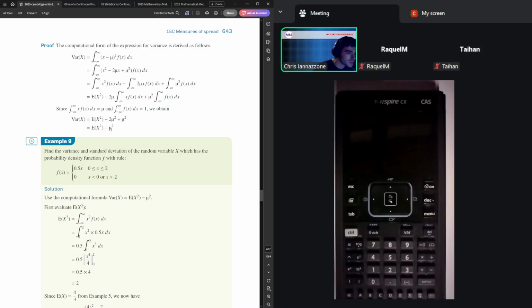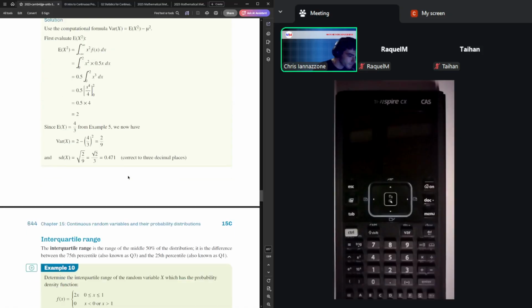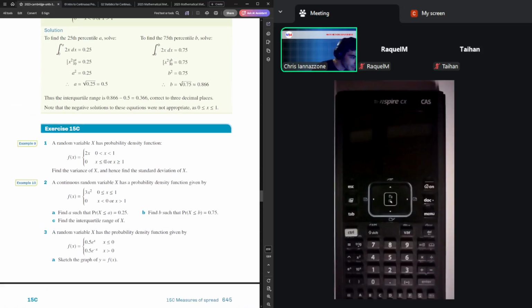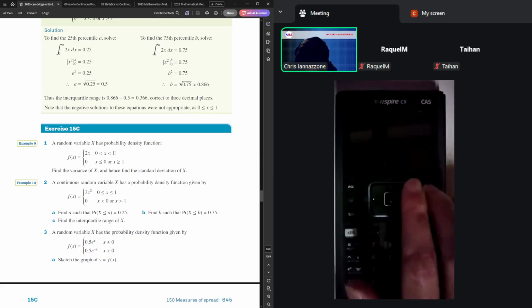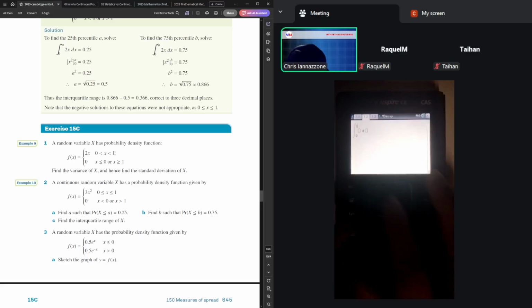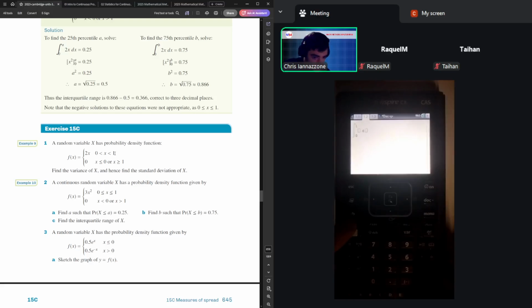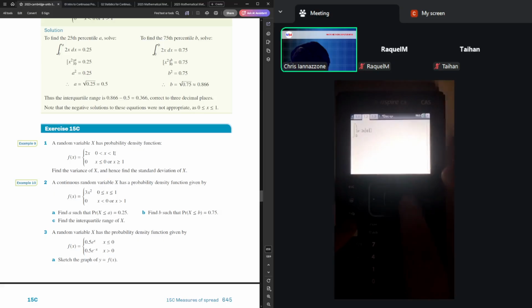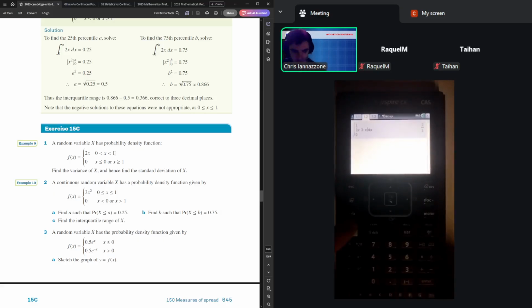Either way, you still need to start by finding the mean, which is x times f of x. So let's do that. We're doing from 0 to 1, x times f of x, where f of x is just 2x. So x times 2x, and that got us our mean.